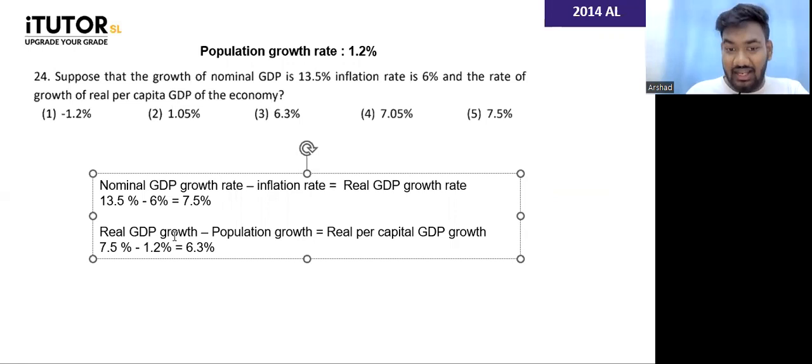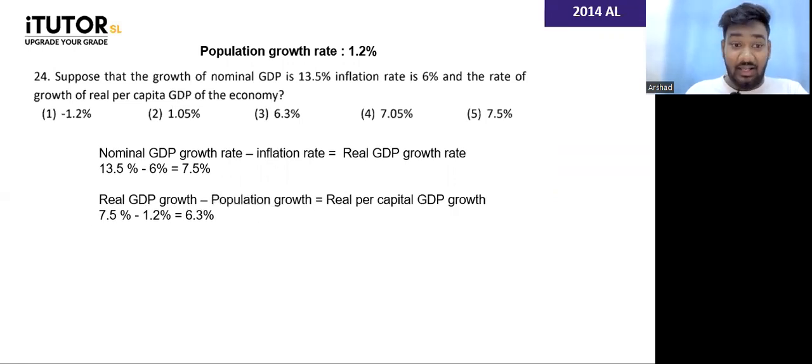And why do we deduct the population growth rate? I'll just teach you the logic here. What is per capita GDP? Per capita GDP is one person's contribution to the GDP. GDP divided by the mid-year population gives per capita GDP.